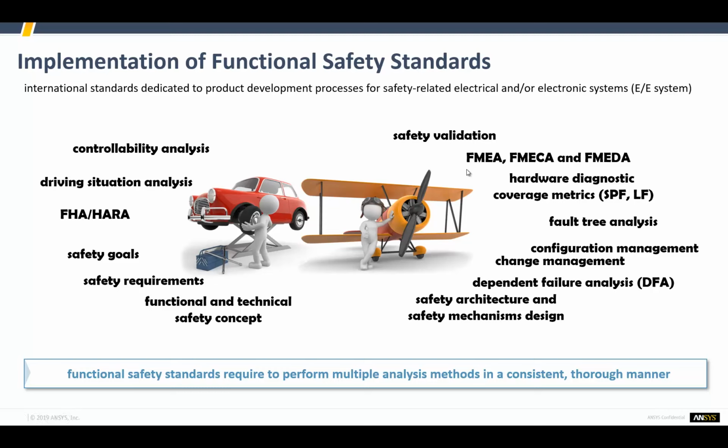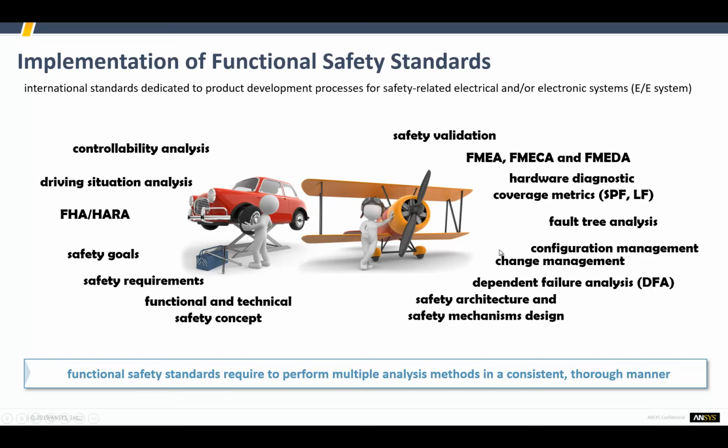For the hardware safety analysis, we talk about diagnostic coverage metrics, FMEDA again, or single point fault, latent fault, diagnostic coverage metrics for the automotive domain. In system and software safety analysis, we also, in many cases, take into account fault tree analysis, or FTA. And obviously, we have to care about common causes and other kinds of cascading failures, for which a method called dependent failure analysis turns out to be very helpful.